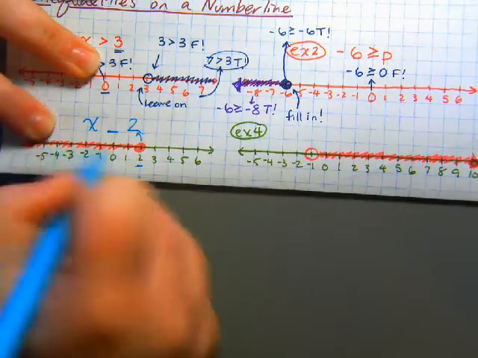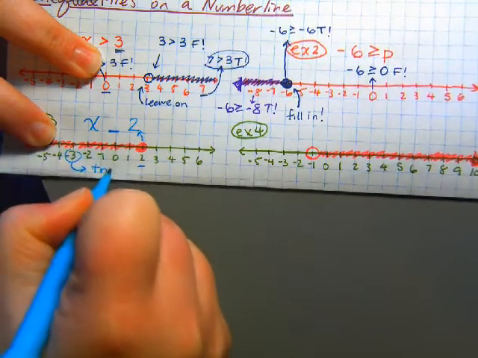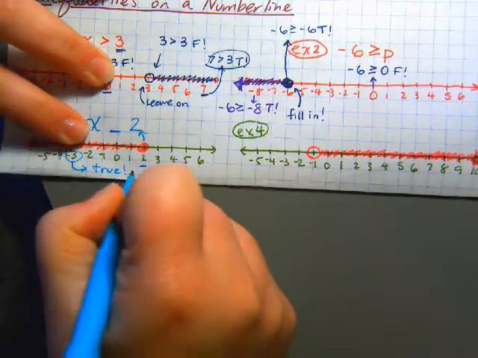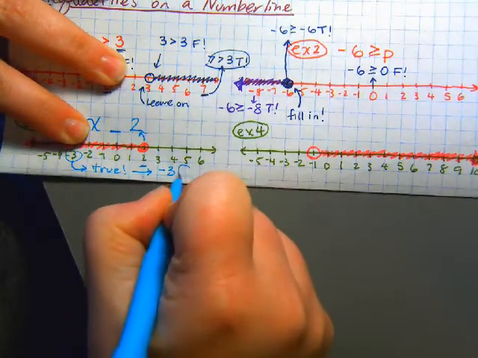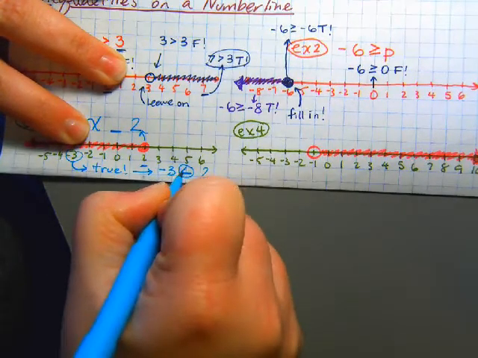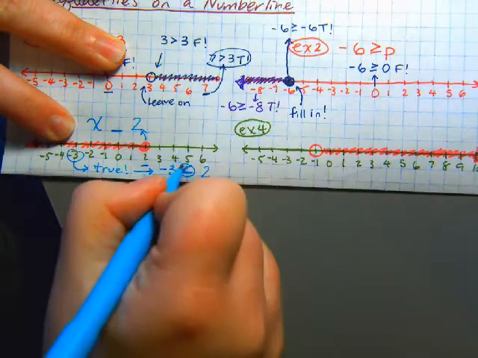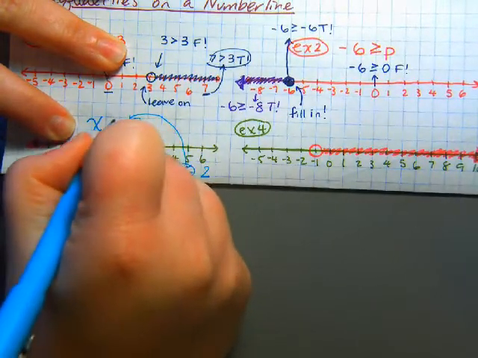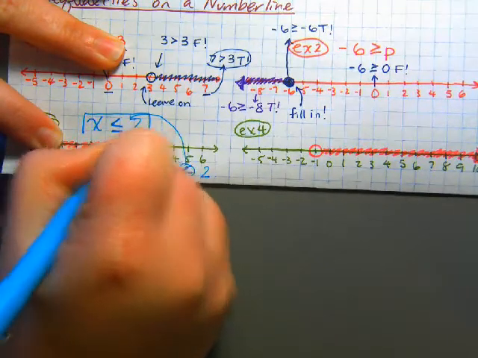Because since it's already shaded, we know that it should make it true if we plug in -3. So let's think about this. -3 blank 2. Which one of those is bigger? Well, it's the 2. We have to make it true because we already know it's shaded. And then we take that symbol and put it in. So the 2 needs to be the bigger value.